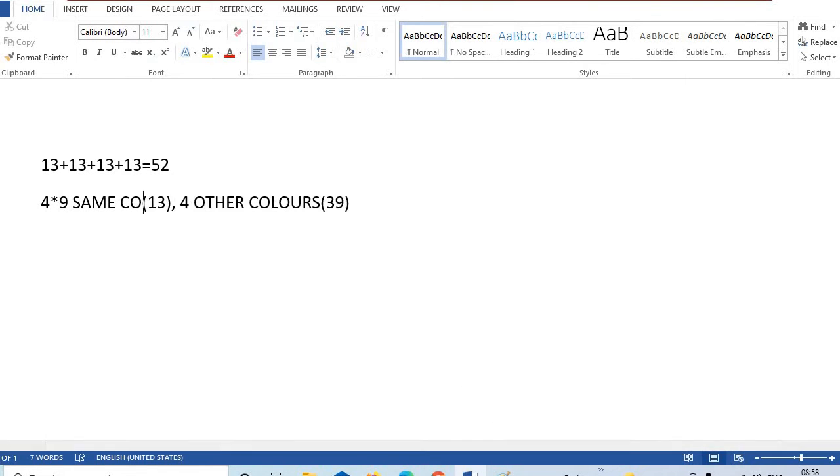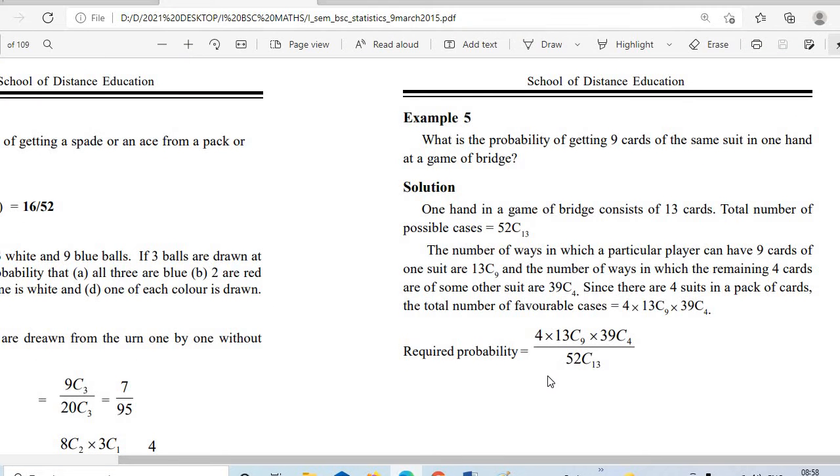Not color, same type of card. So the number of favorable cases is 4 into 13C9 into 39C4, divided by the total cases, that is 52C13. So this is the required probability.